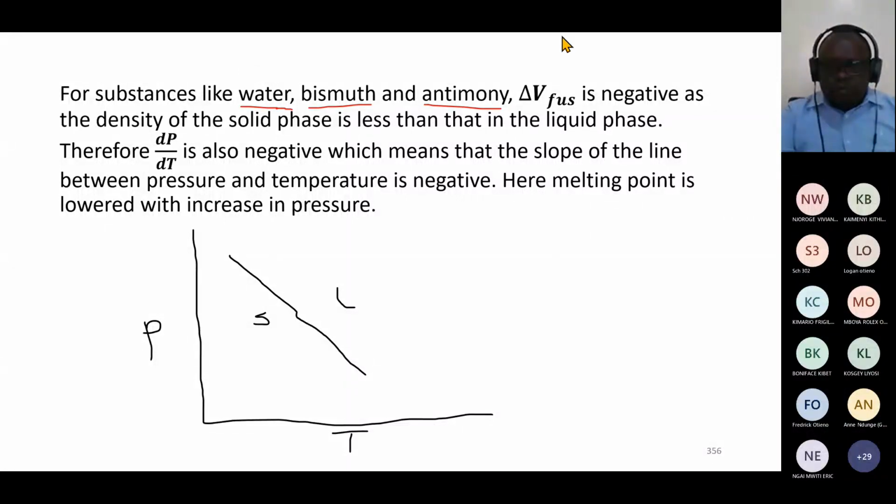So if delta V fusion is negative, what does that mean?